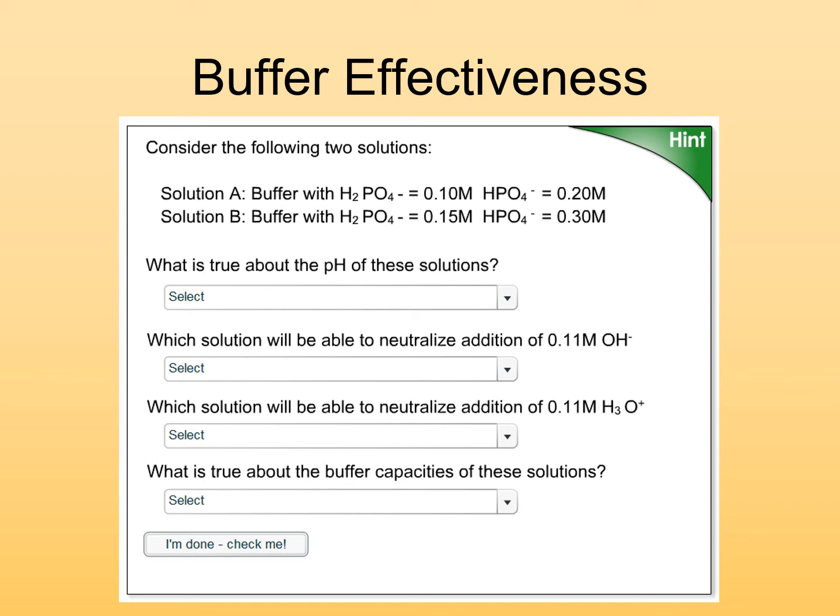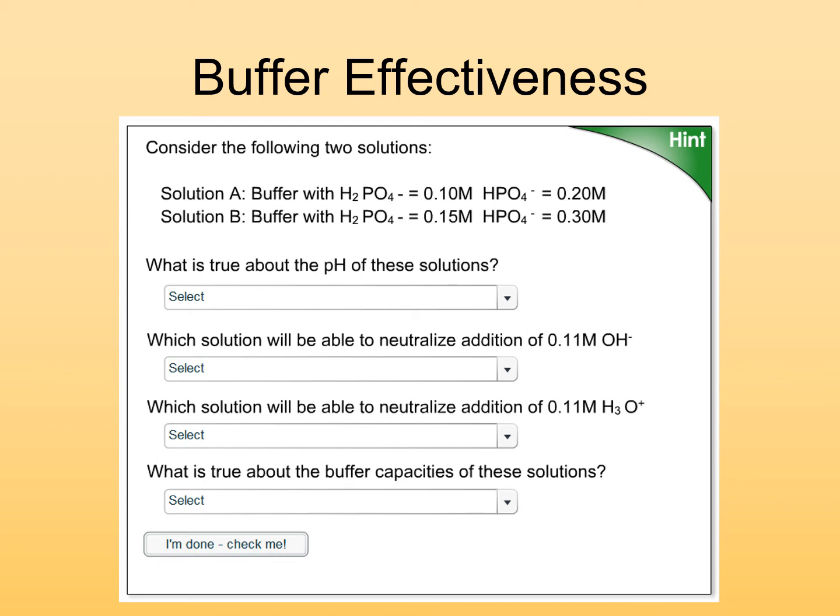You also have solution B, which is the same substances, but the H2PO4 is at a 0.15 molar and the HPO4 is at a 0.3 molar. So it says, what's true about the pH of these solutions?